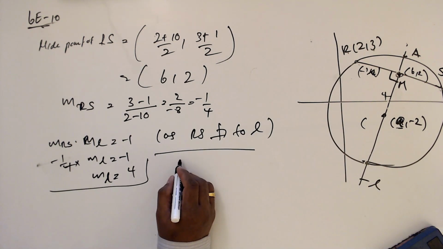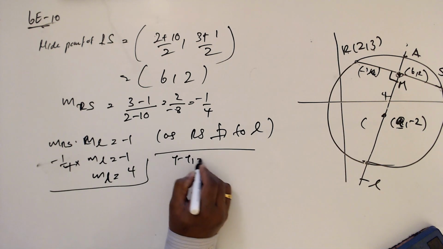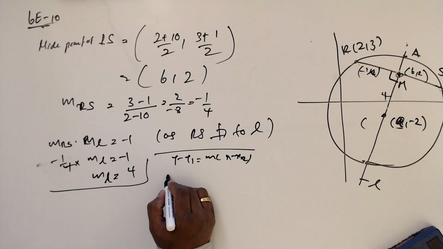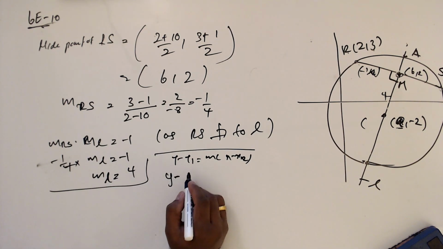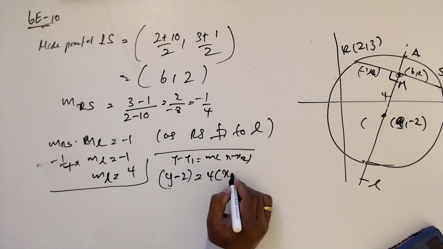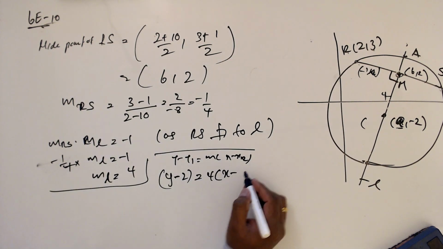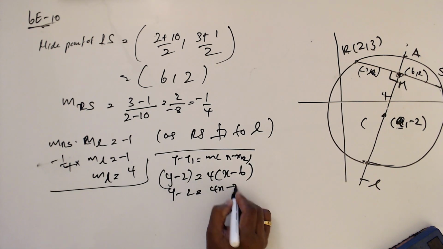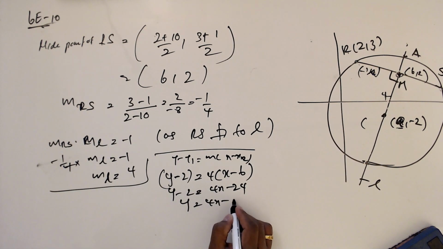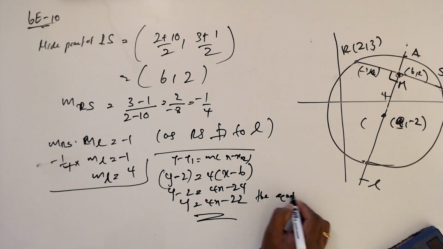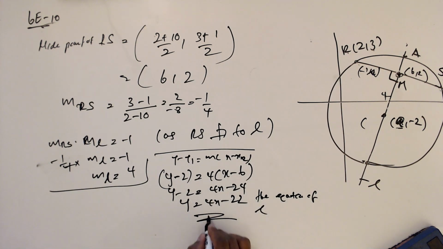Now we write y minus y1 equals m times x minus x1, so y minus 2 equals 4 times x minus 6. So y minus 2 equals 4x minus 24, and y equals 4x minus 22. The equation of L is y equals 4x minus 22.